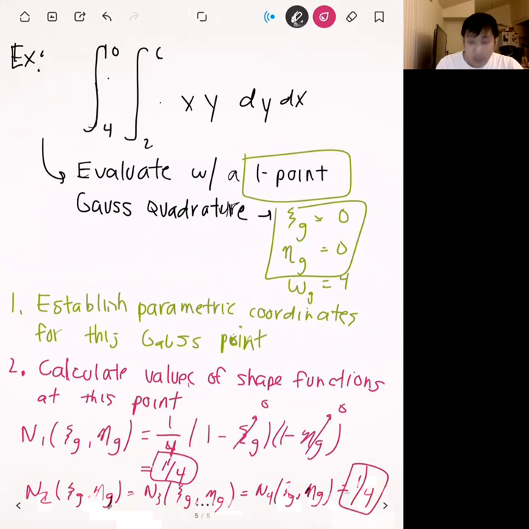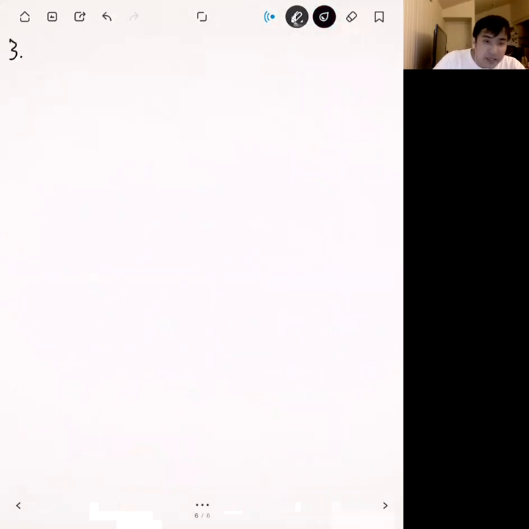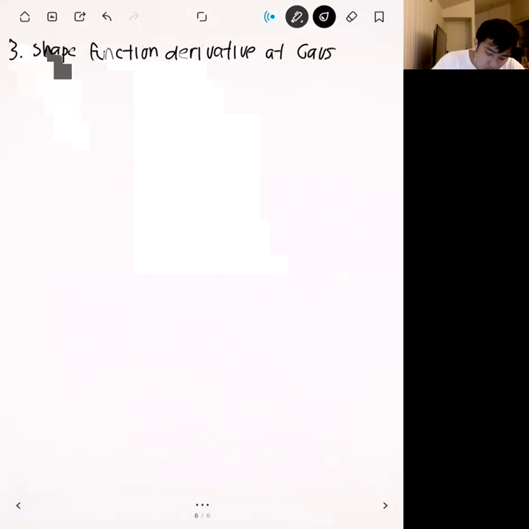Now that we have that established, we can move on to the next part, which is to calculate the shape function derivatives at the Gauss point, because there's only one. At this step, we have 8 different shape function derivatives to evaluate: partial N1 partial xi, partial N1 partial eta, and so on.